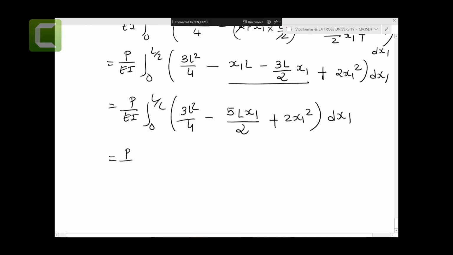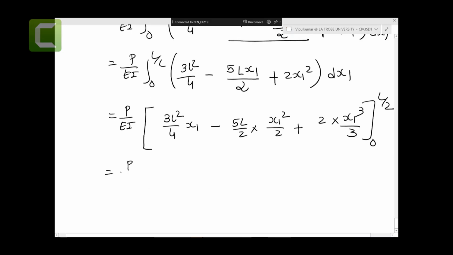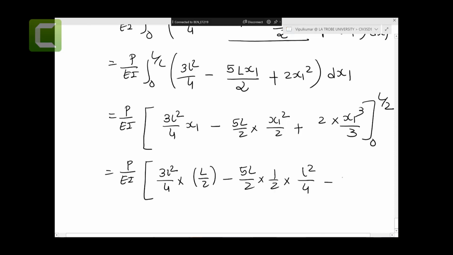And you can just integrate. 3L square on 4 x1, minus 5L divided by 2 times x1 square on 2, plus 2 x1 cubed on 3, from 0 to L by 2. So 3L square on 4 times L by 2, minus 5L divided by 2 times half L square on 4, plus 2 on 3 times L cubed on 8.